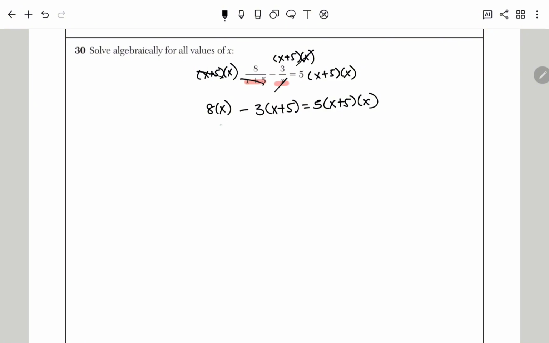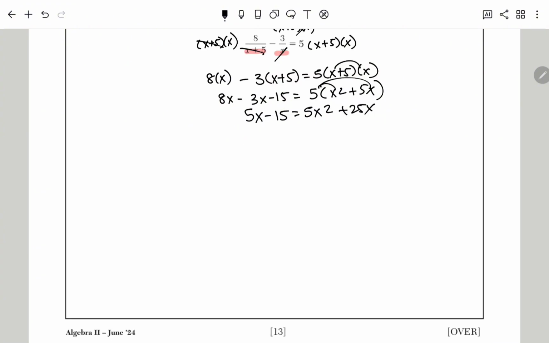So when we simplify everything, we get 8x minus 3x minus 15 equals 5 times (x squared plus 5x), and then when we distribute again, we get 5x minus 15 equals 5x squared plus 25x.